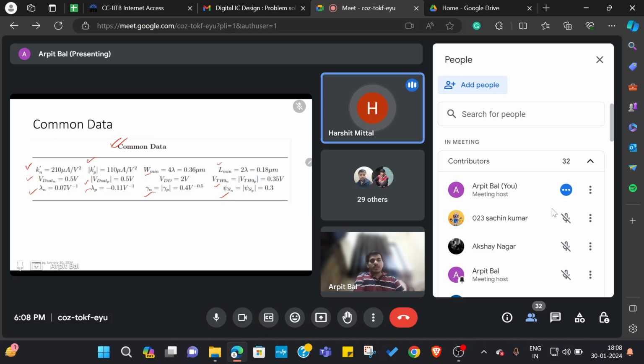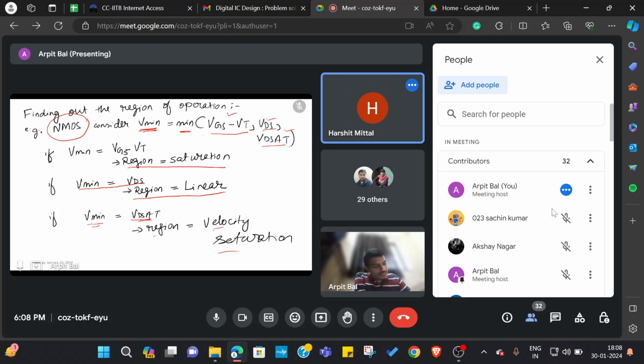Hello. One doubt I have in the previous slide. In the first case, if V minimum is VGS minus VT, that means VDS and VDS sat are greater than VGS minus VT. Correct. But sir, VDS sat is the minimum VDS required for saturation.